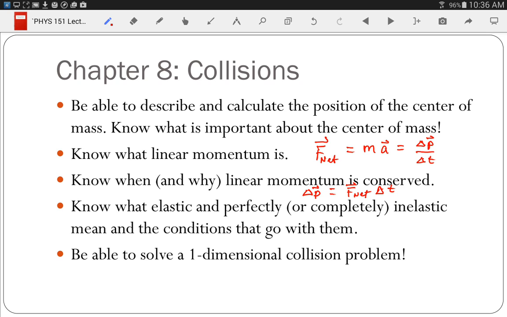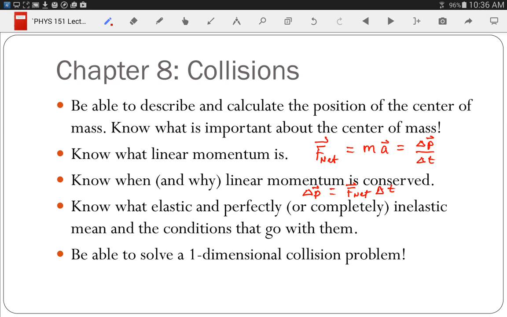I put a force on him, he put a force on me. If my system is the system of Jaron and me combined, then I don't have to worry about the force I put on Jaron or the force Jaron put on me, because when I add those two up, what does Newton's third law tell us about those two forces? They'll be equal in opposite directions, and thus they're going to add up to 0.